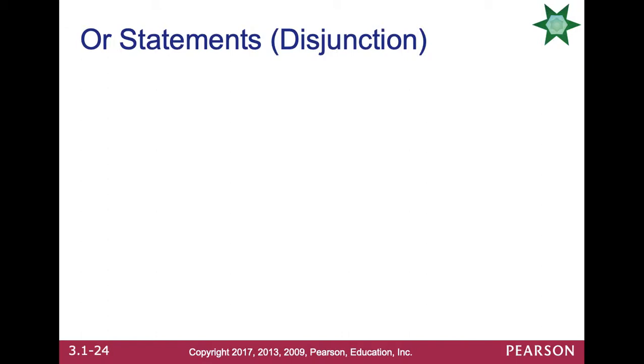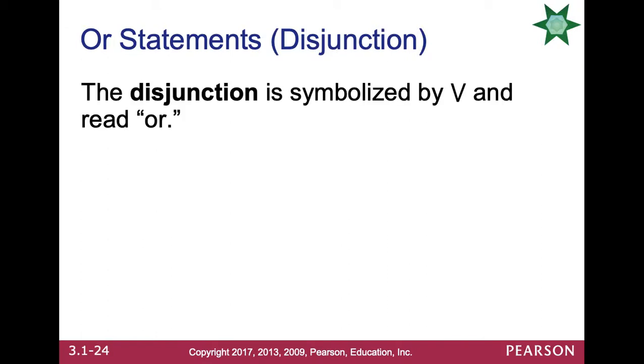So now, here is the or statement. The or is a disjunction. So we did the conjunction, or let's put it another way, the intersection. So now let's try the union. The disjunction is represented by the symbol V and is read or.